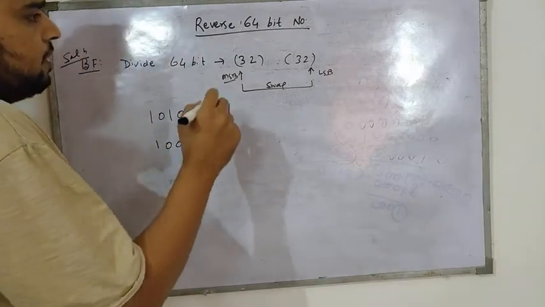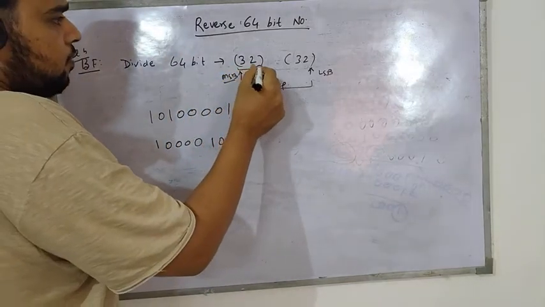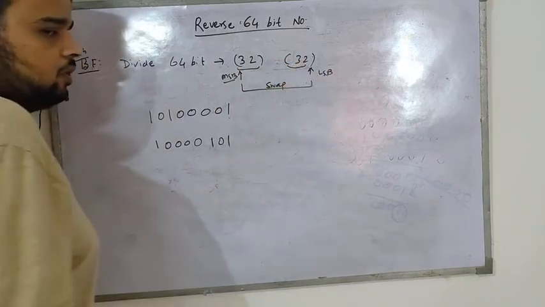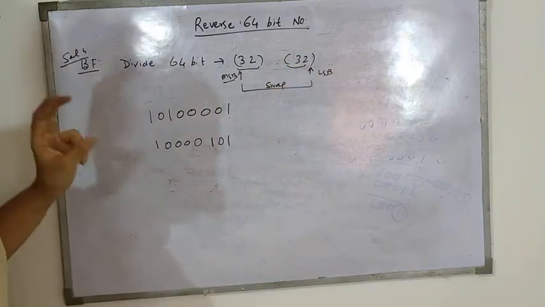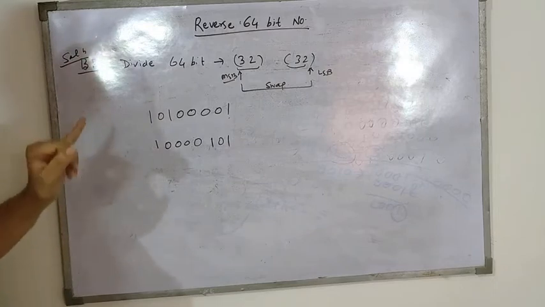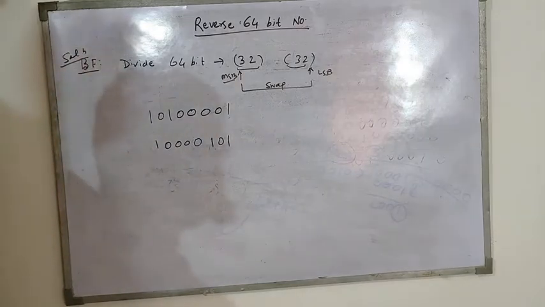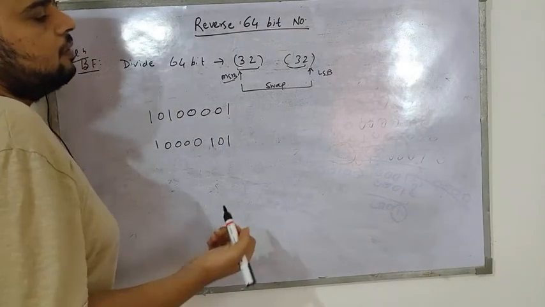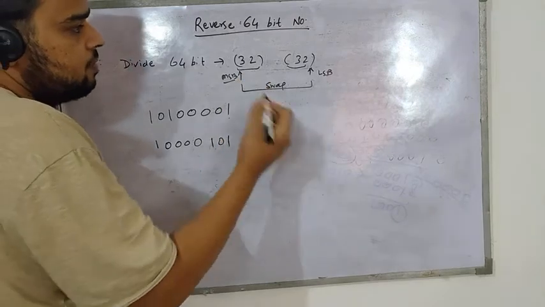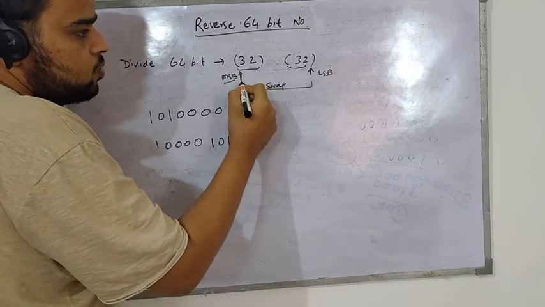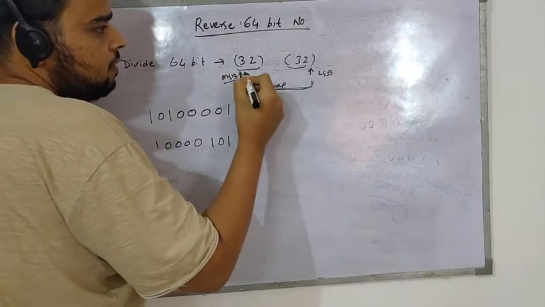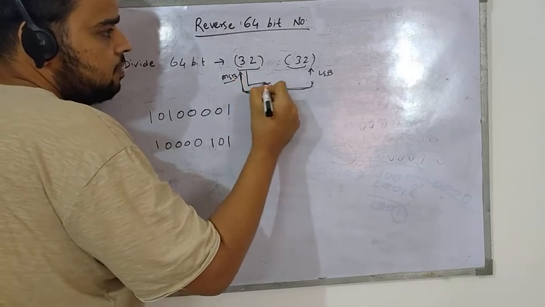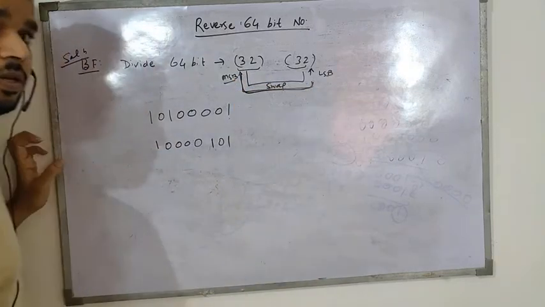First, I need to divide the 64-bit number into two sets of 32 bits each, and this is my brute force approach. I can start reversing the bits from MSB and LSB. I will swap the MSB with the LSB, then swap the next MSB with the next LSB.